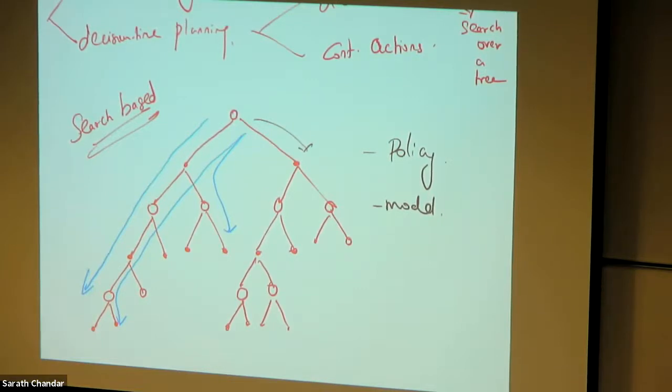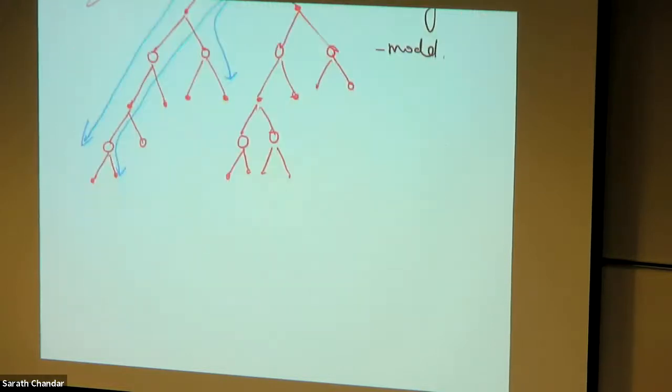Now, there's also another version of this kind of tree-based search, a Monte Carlo approximation to this, which is what we're going to discuss next, the idea of rollout algorithms.